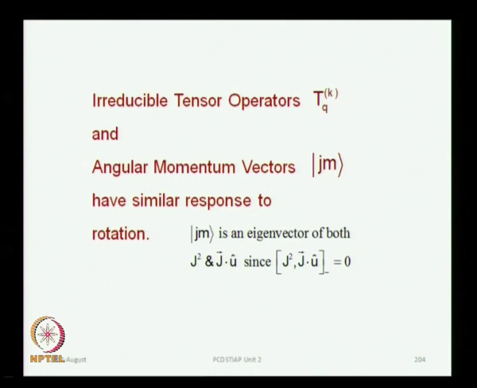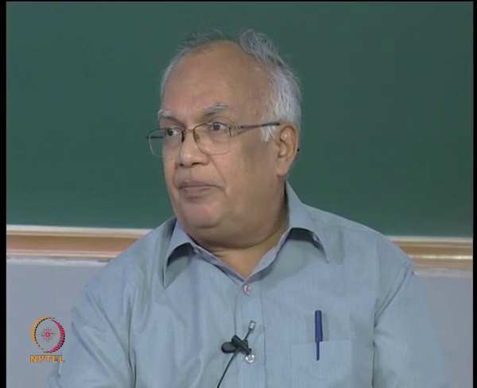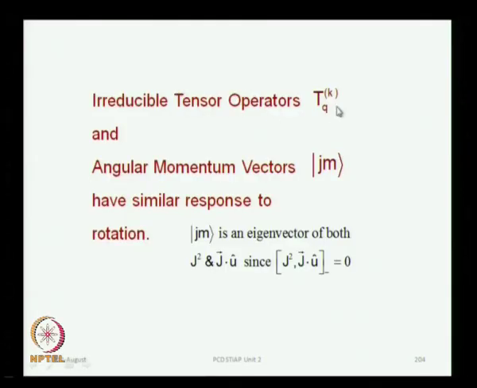So, now we have some general similarities between angular momentum vectors and the irreducible tensor operators. You would have noticed them already. You know that the angular momentum vectors, which are |j m>, are eigenkets of j square and jz.